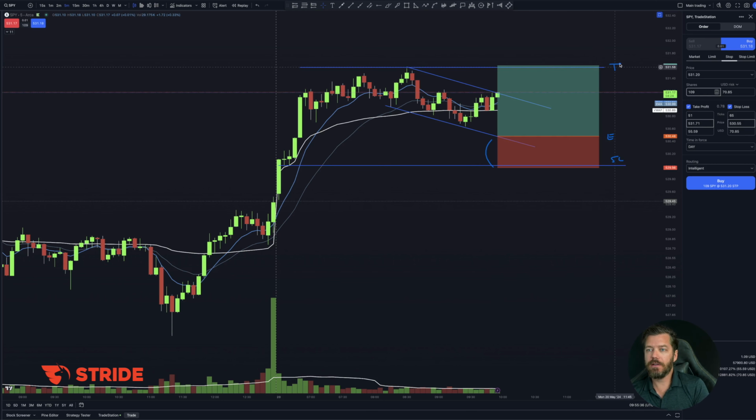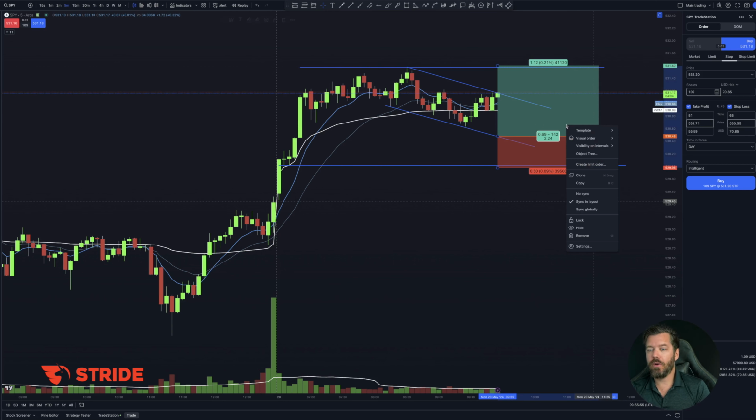So this is my target. In that case, basically I want to buy the dip. I want to buy the pullback, okay? So only if it does this, I want to buy here with the expectation that it will bounce and go back up again. So in that case, it's a limit order. Right click, create a limit order, and you're done.